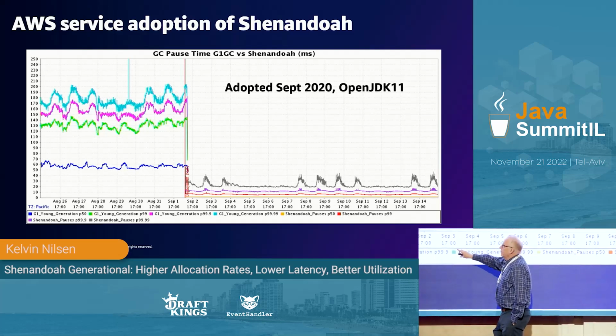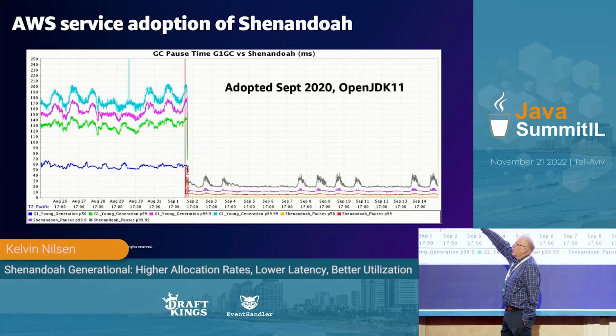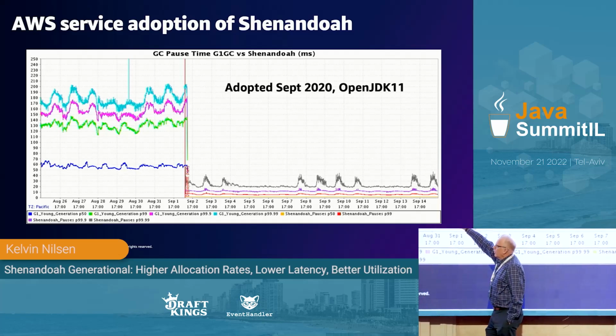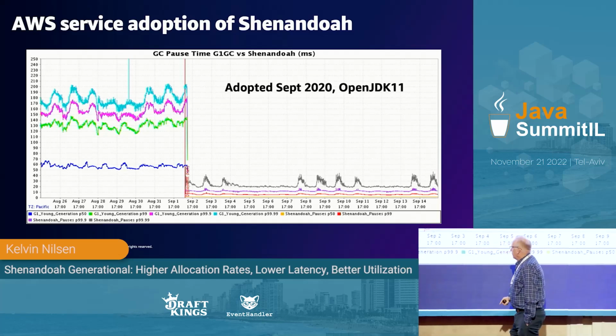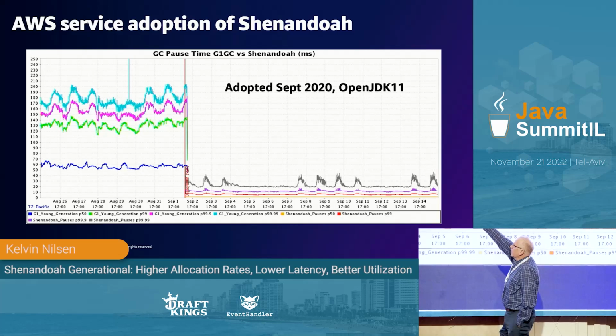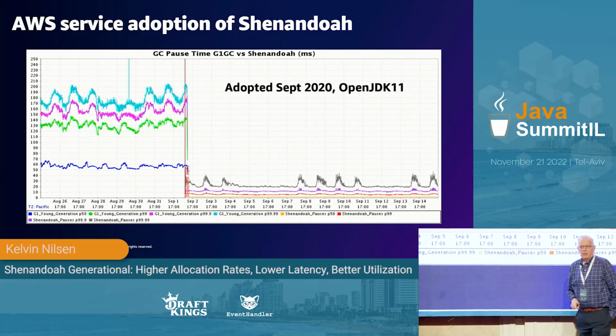You probably can't read these, but these are just the different percentile rankings. So at P50, it was running about 60 millisecond latency. At P99.99, it was running around 230 millisecond latency.